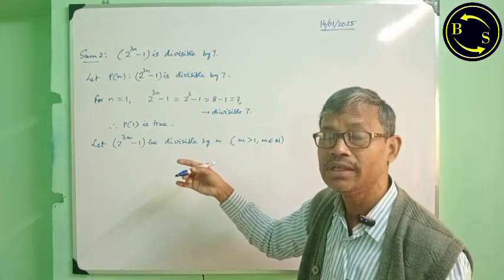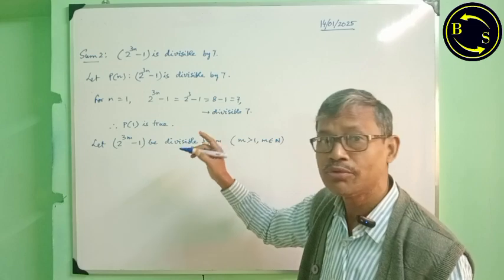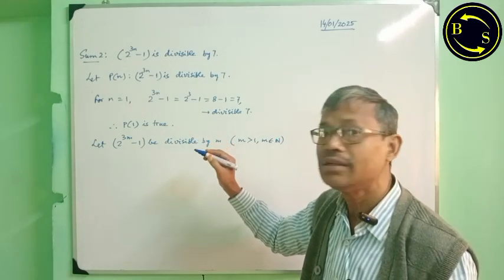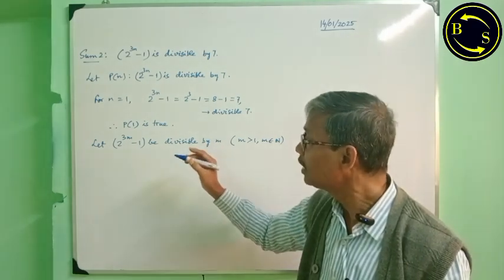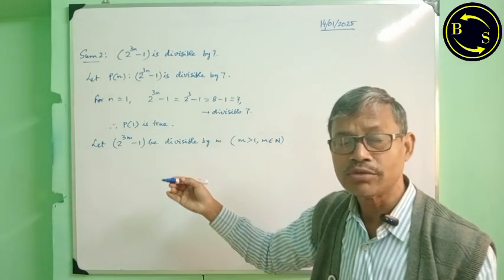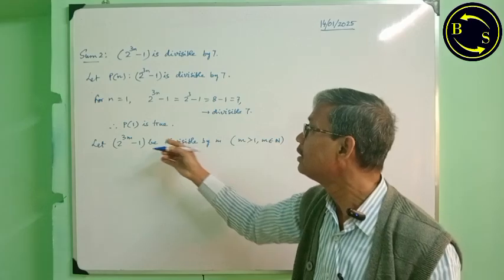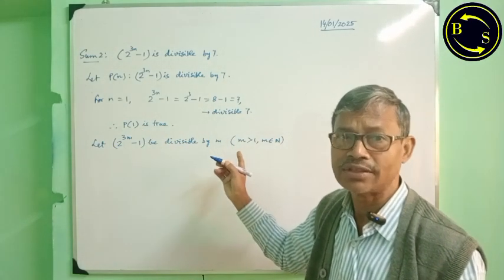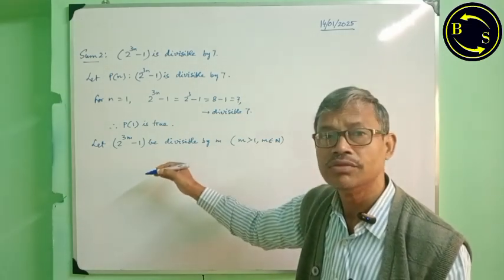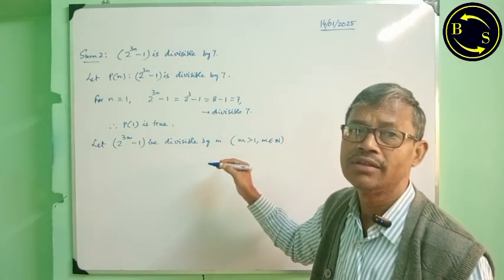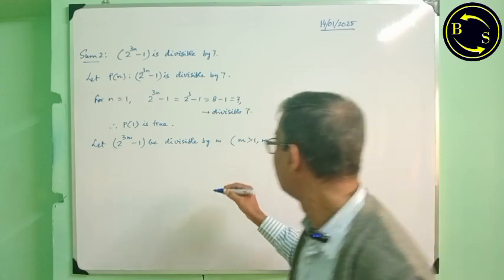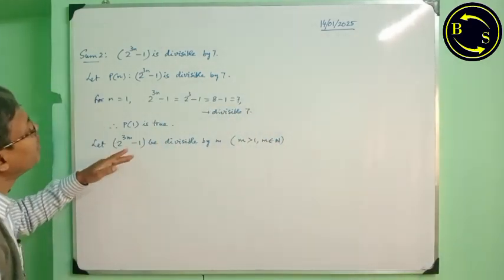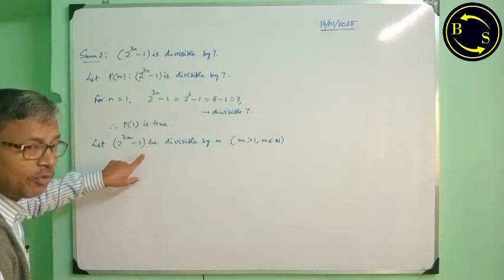Actually we are assuming, already we have shown this is true for the least value. Then we assume that this is true for the values which are greater than 1, and that is of course a natural number. That is why this is the correct way of representation. This is the inductive hypothesis.